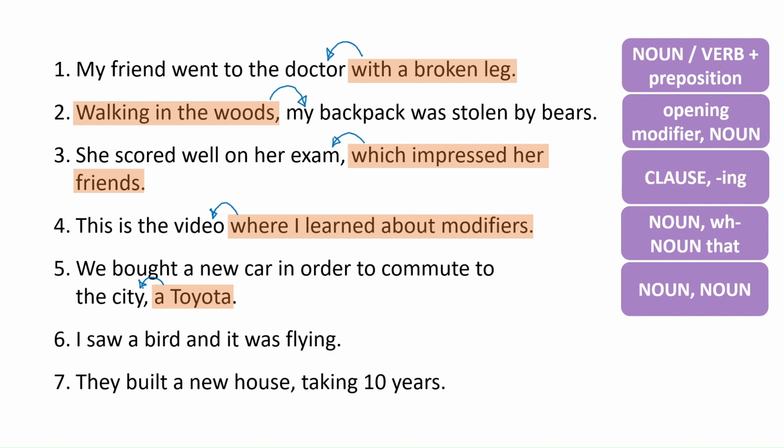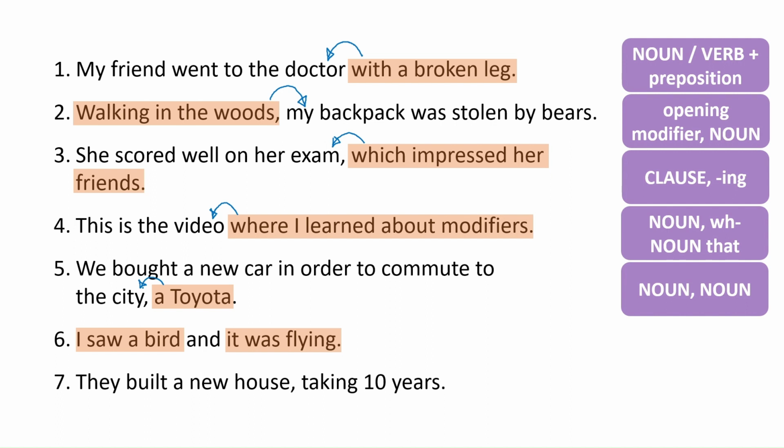On to the more subtle ones. Number 6 is just about okay, but I think it can be improved. We've got 2 facts. I saw a bird and it was flying. But these are not separate pieces of information. The flying was about the bird. So I think this would sound better with a modifier in place of the second phrase.